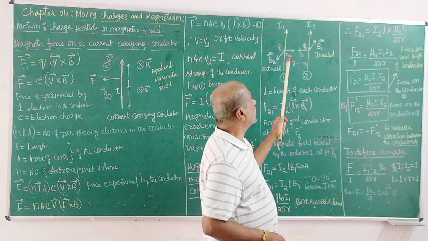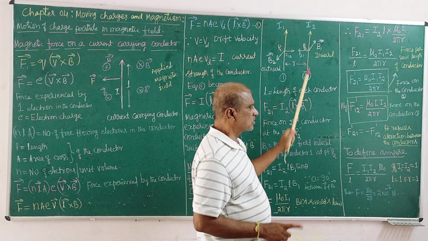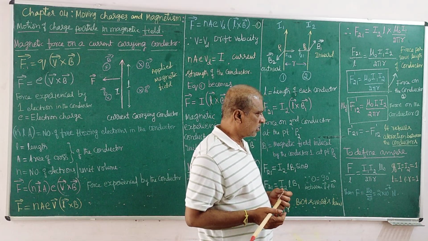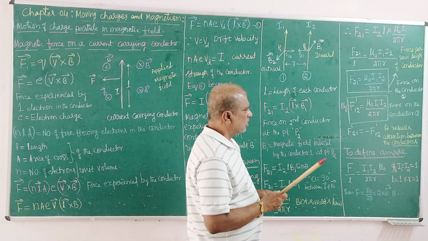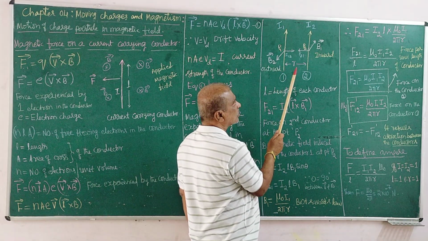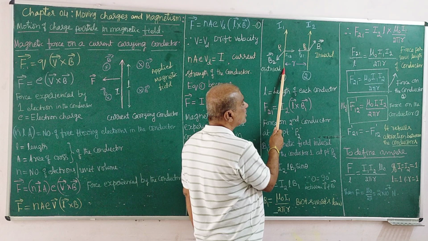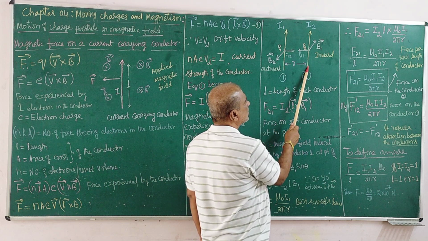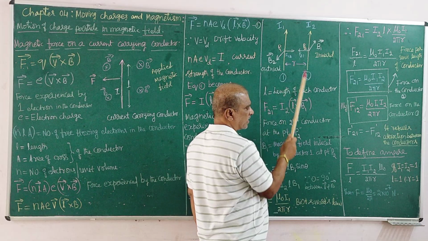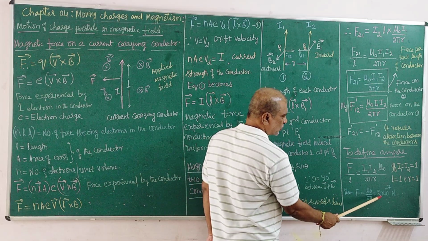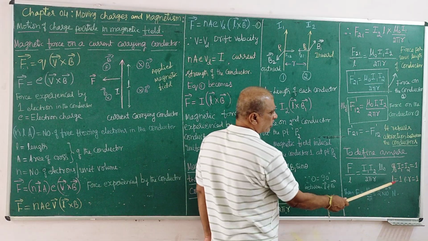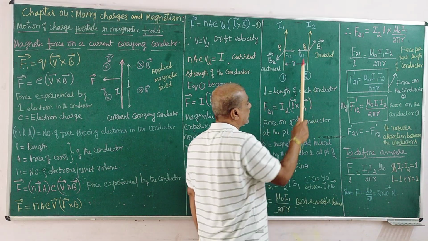That amount of current is called 1 ampere. I'll repeat it. 1 ampere means the amount of steady current maintained in each of the conductors separated at a distance of r that would exert a force of 2 into 10 to the power of minus 7 Newton per meter length of the conductor.